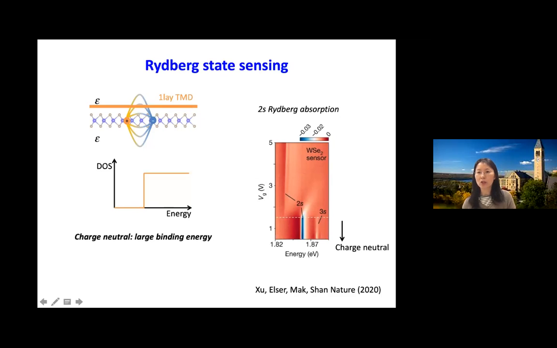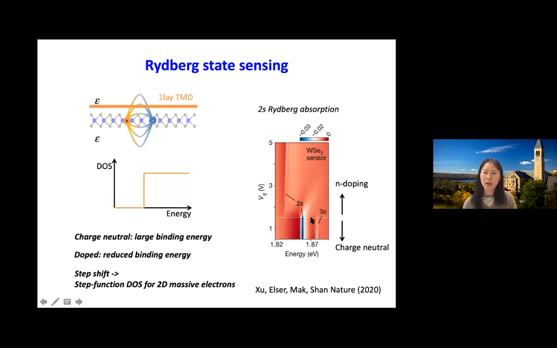So below it's charge neutral and above it becomes n-doped. You can see from the spectrum that for the charge neutral sample, the sensor shows a very robust exciton response. I'm not showing the 1s state, which is even much stronger than those. And you see 2s, 3s, and sometimes even the 4s state.